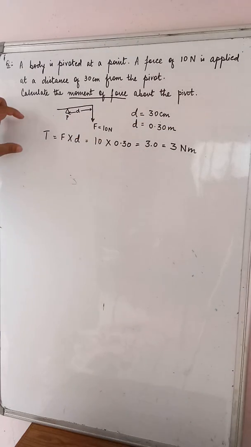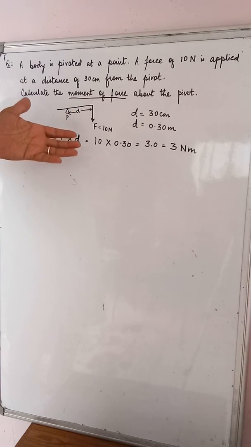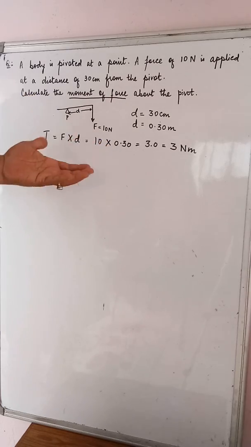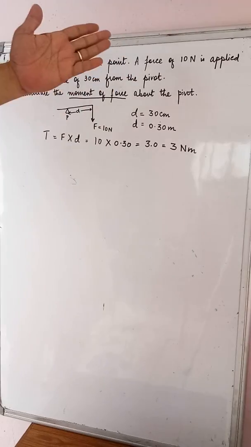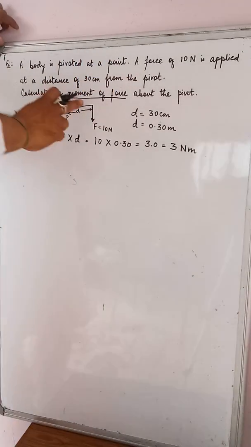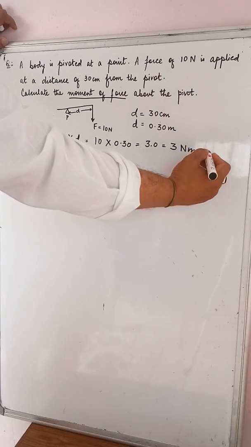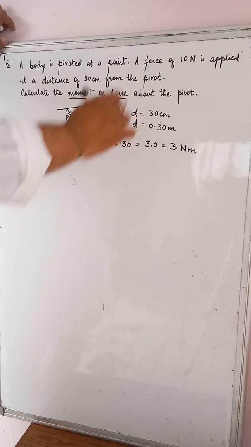Now obviously I have already mentioned that torque needs a direction also. This was a hypothetical diagram that I had drawn to make our calculation and understanding easy. The question had not specified the direction of the force. It could have been up also, it could have been down also. In this particular case we will say that this is clockwise direction.